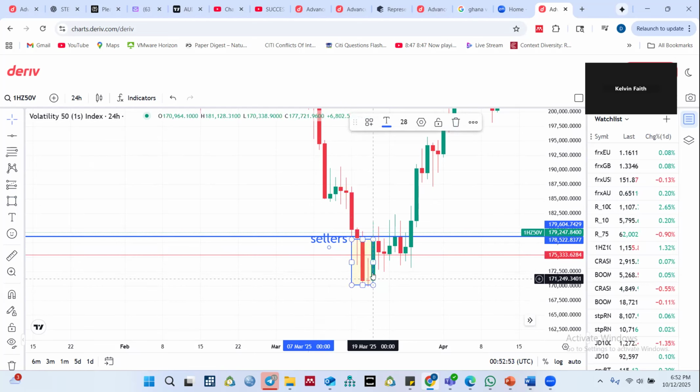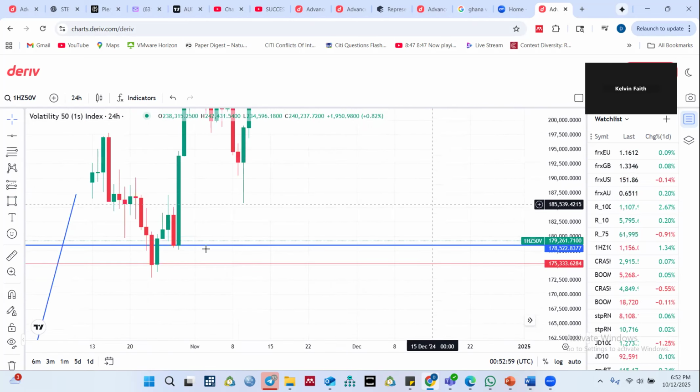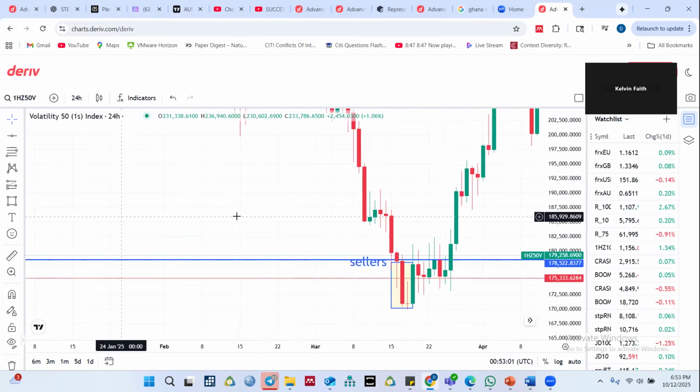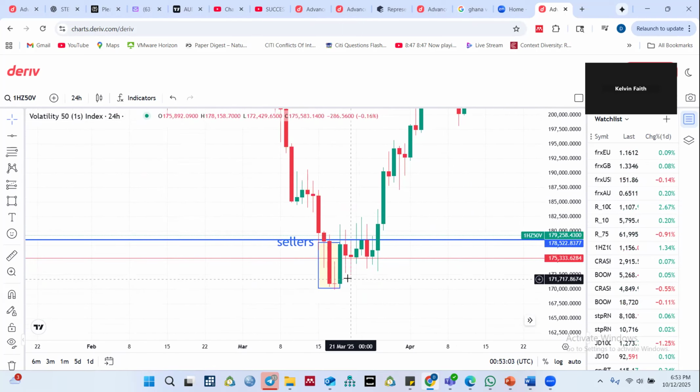At the same time, the bulls came in and then they engulfed once again, just like they did previously here. The bulls pushed price up, retested. See how price constantly kept rejecting on the red line, and see how price kept being above the red line and also closing above the blue line.